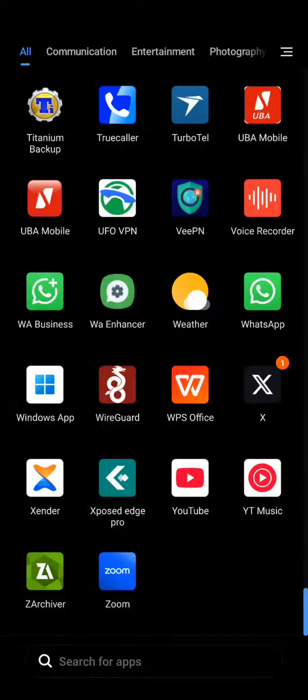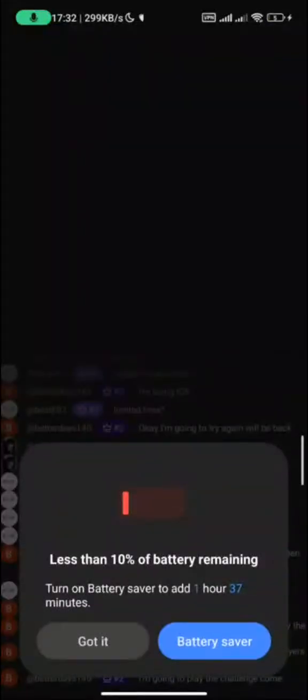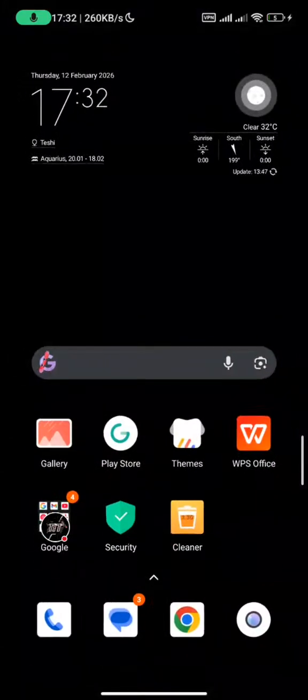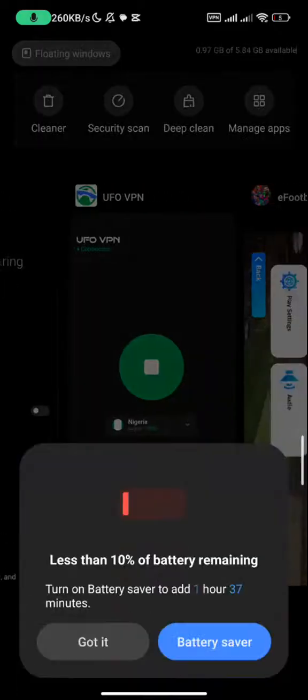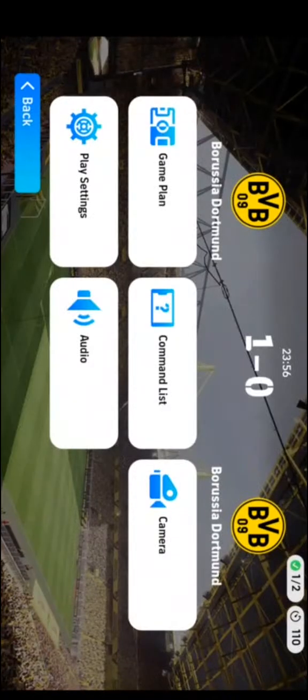My device is also lagging. Oh, come on. Alright, sure.